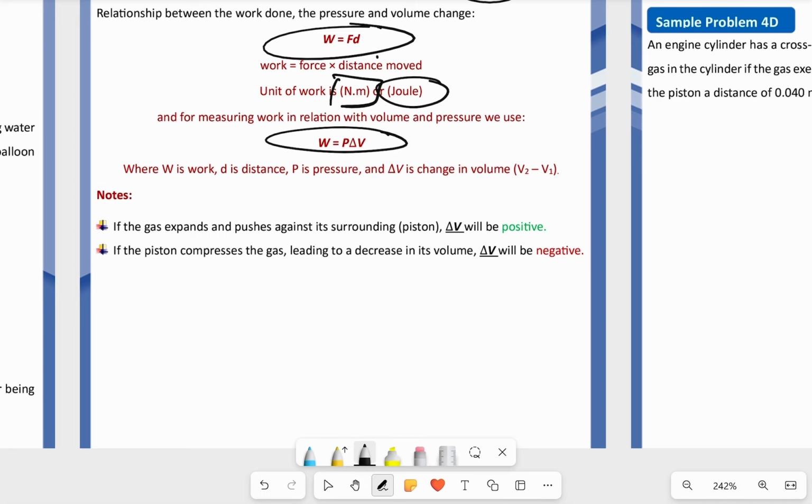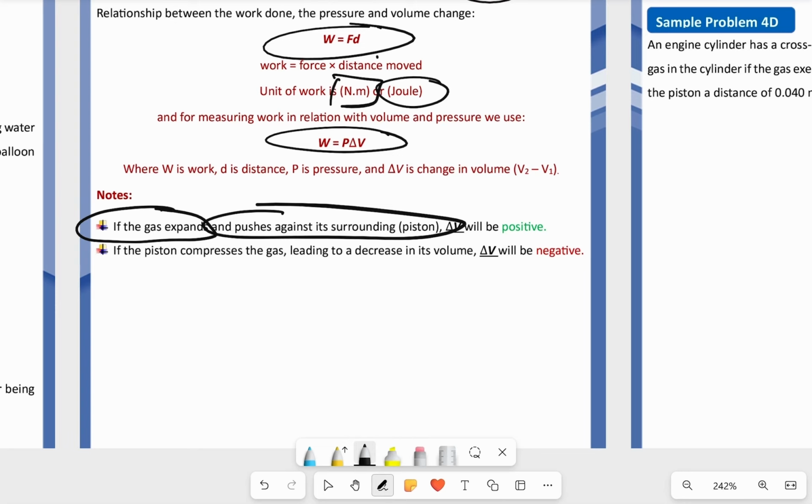This is really important. If the gas expands and pushes against the surrounding, you have a system, a cylinder, and gas inside of it. If this gas expands out to the surrounding, then this is work done by the system, and delta V is going to be positive.